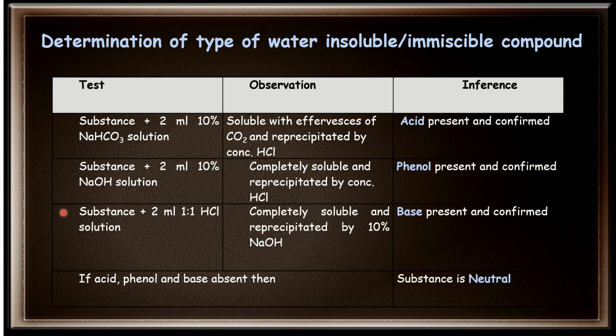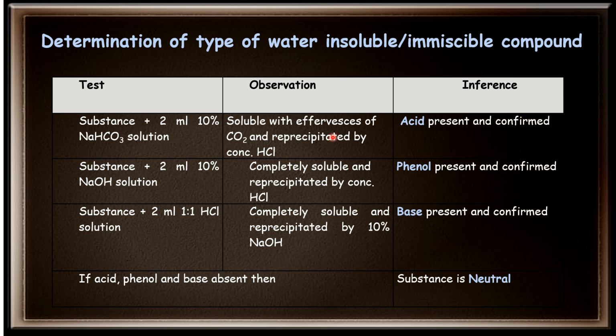If the substance plus 2 ml 1 to 1 HCl solution is completely soluble, and when we add NaOH solution it is reprecipitated by 10% NaOH, then base is present and confirmed. And if acid, phenol and base are all absent, that is, if these three tests are negative, then the type of the compound is neutral.